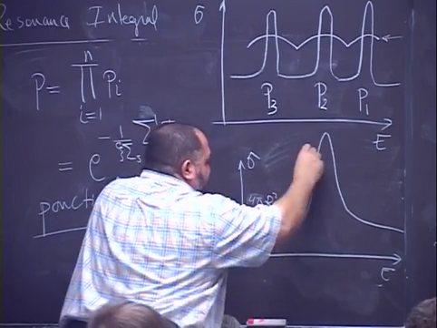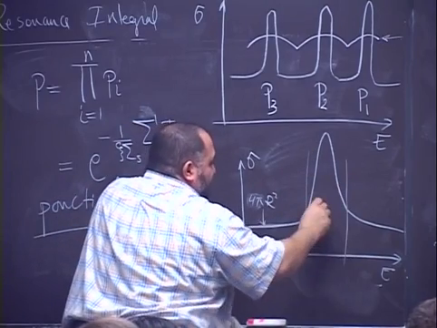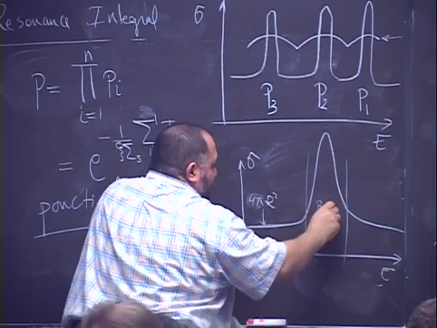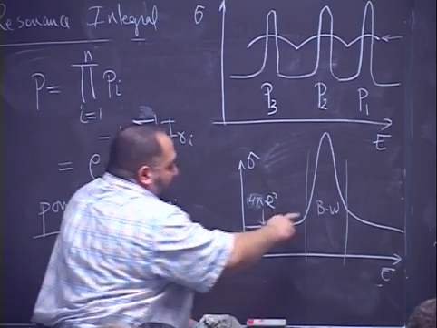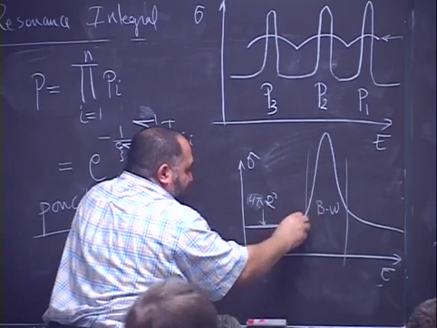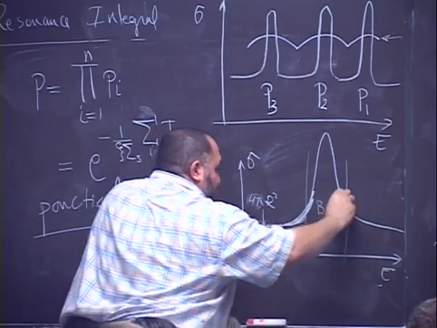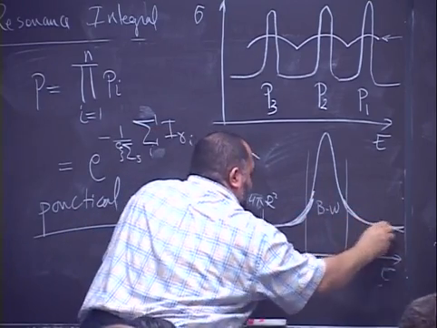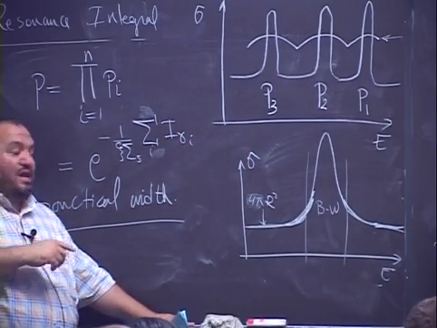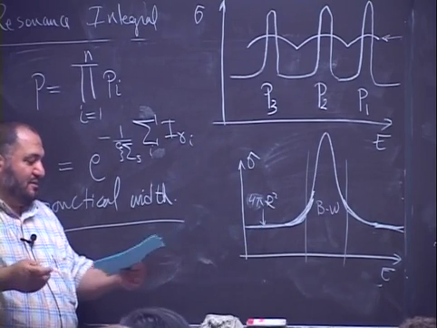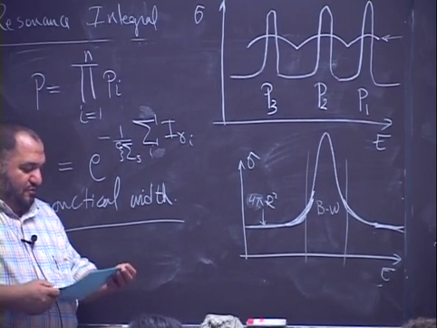In the resonance region, the cross section is given by the Breit-Wigner formula. And in between those two regions, I have interference between the Breit-Wigner and the constant term here. Okay, guys? And this is far away from the resonance here.